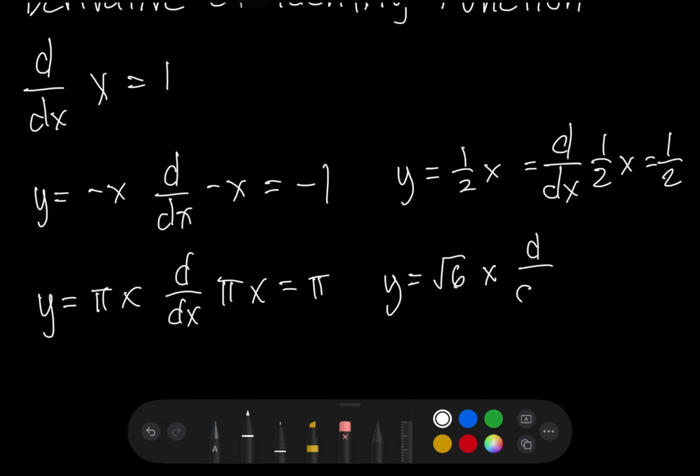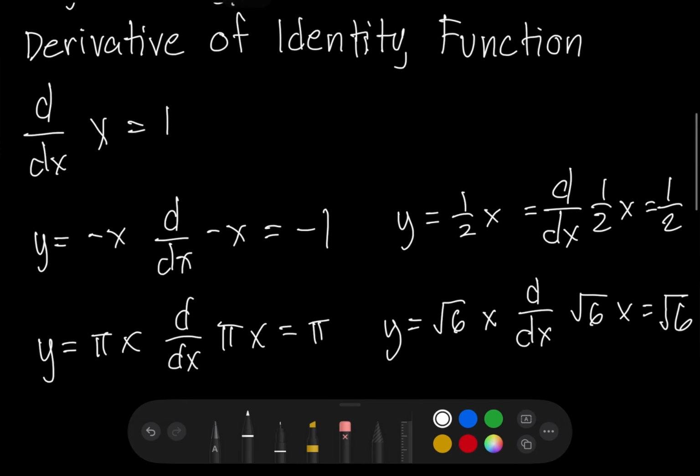The derivative of square root of 6 x is just equal to its coefficient, square root of 6. So that's the derivative of the identity function. Whatever the coefficient of the variable having 1 as its exponent, that is its derivative.